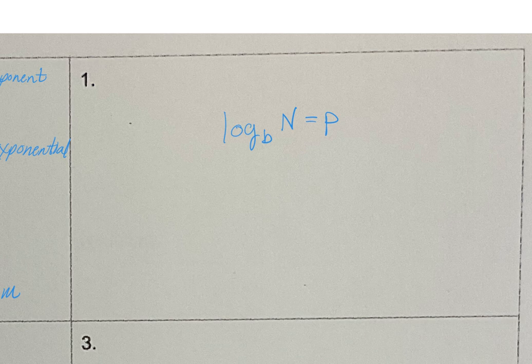What I do is I take and make a circle starting at B through P, and I point to N. And that is the order that you'll write the numbers when you write an exponential. You'll write B to the P is equal to N. So we follow starting at B, going through P, and ending at N.